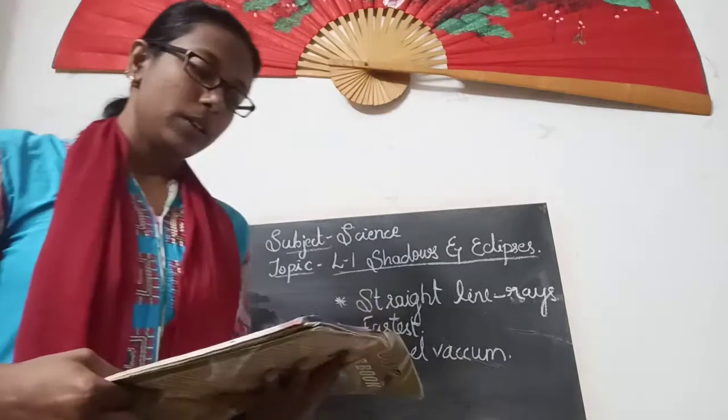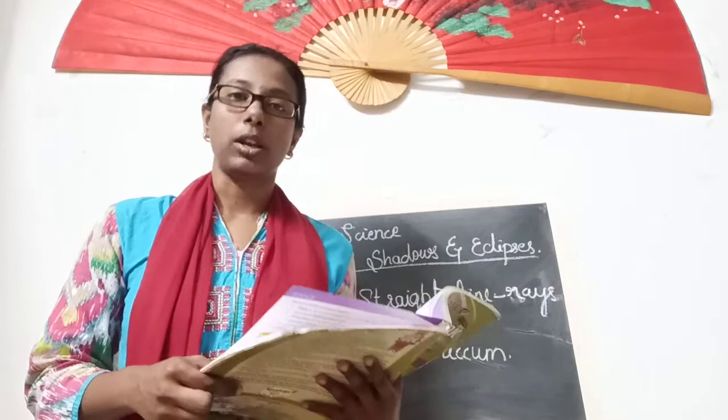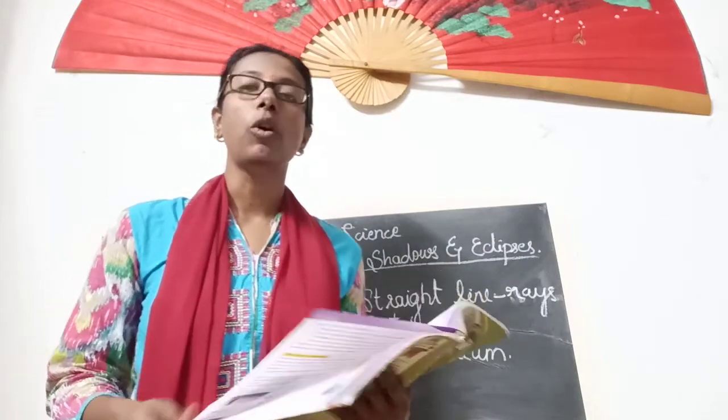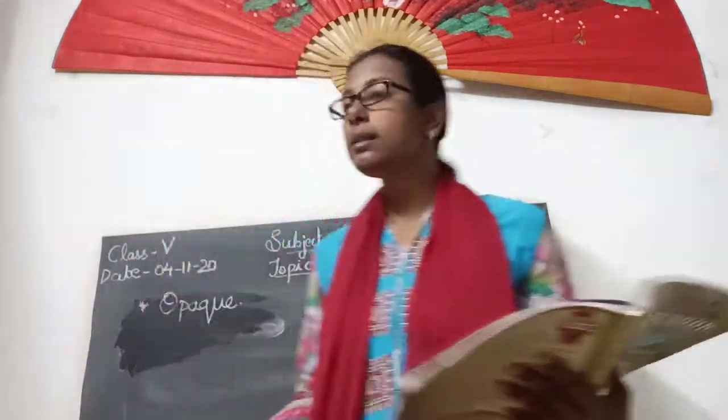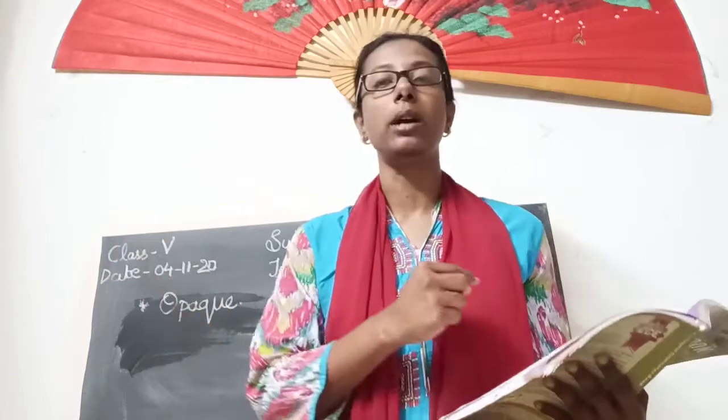Okay. So what are opaque objects? Things through which light cannot pass. Objects or any material through which light cannot pass are called opaque objects. Light cannot enter into them or pass through them.